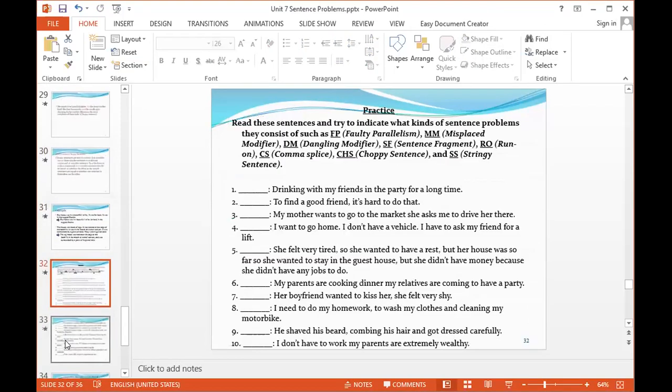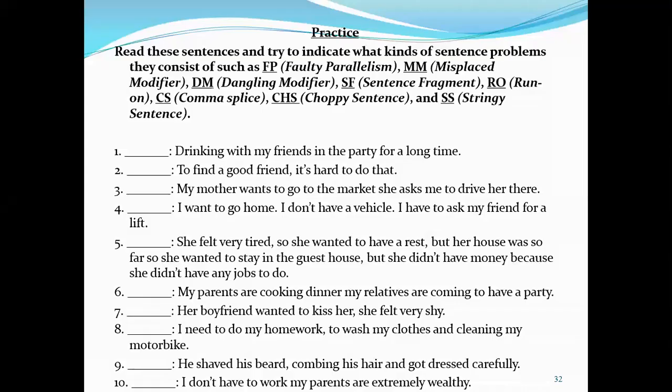Now look at this one, everybody. What kind of problem is it? Number 1. Drinking with my friend in a party for a long time. What problem is it? What mistake here?